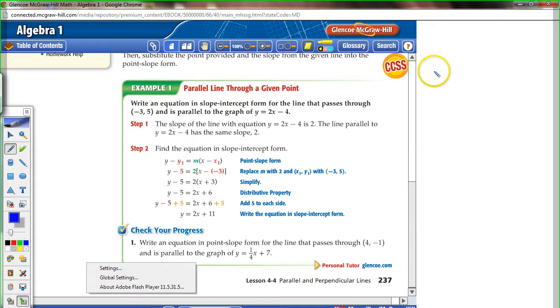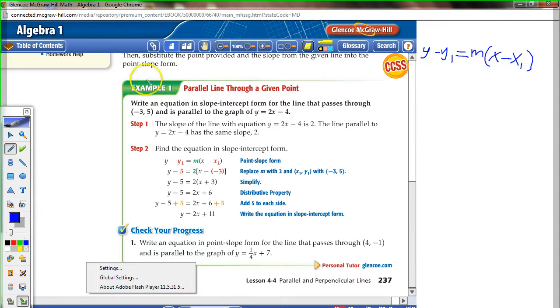Sorry, point-slope form. When you have y minus y1 equals m, your slope, times x minus x1, where x1 and y1 are your points.